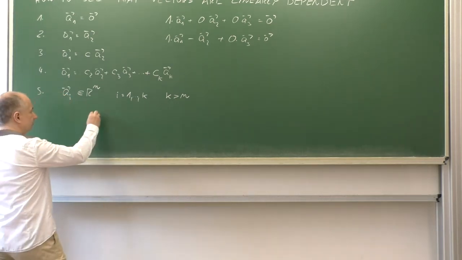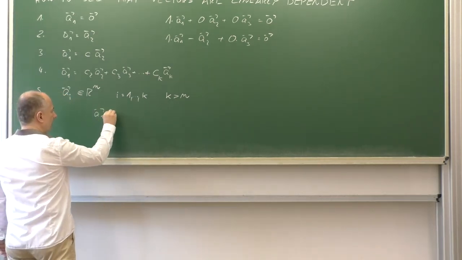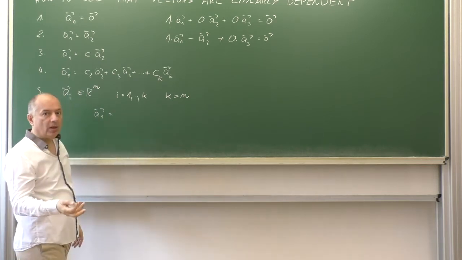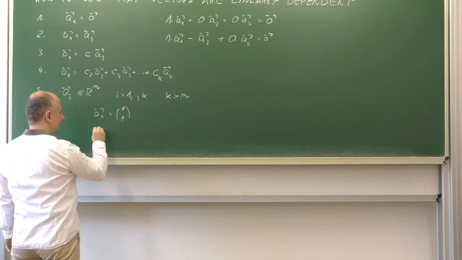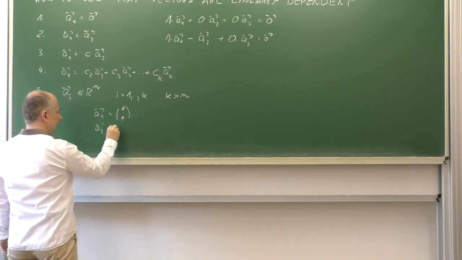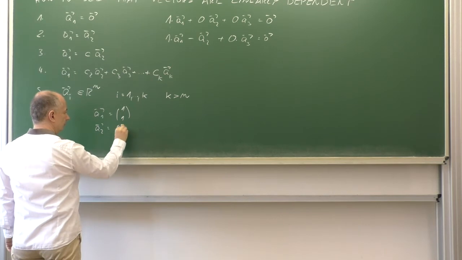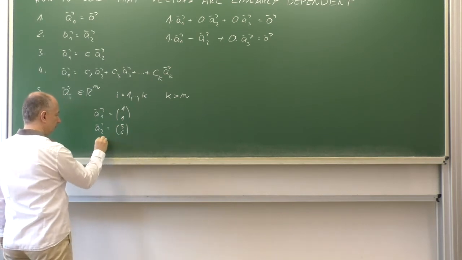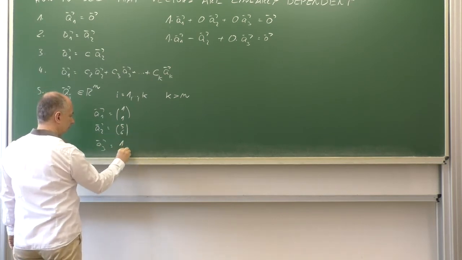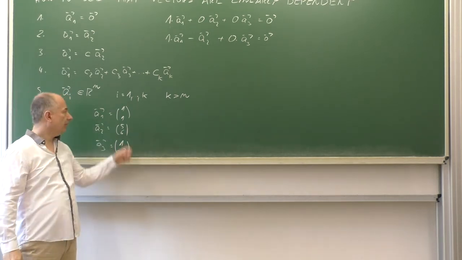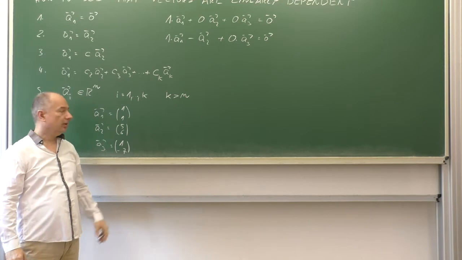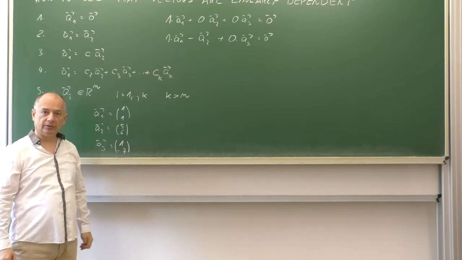As an example, if we have, say, 3 two-component vectors, we have 1, 2, 3 vectors, and each of them has 1, 2 components. They are definitely linearly dependent.